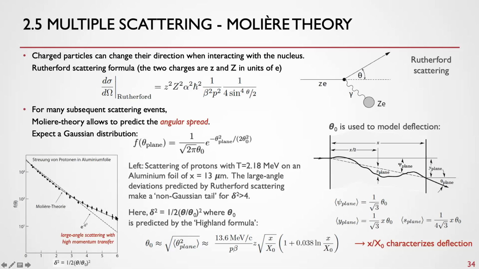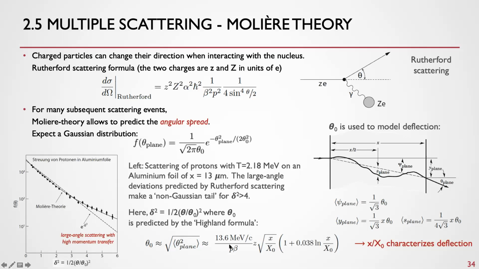So here we see this increase in the spread of the angular change in direction when a particle goes through a finite-sized detector. Now, the treatment is something in between a quantum mechanical calculation and an empirical treatment.